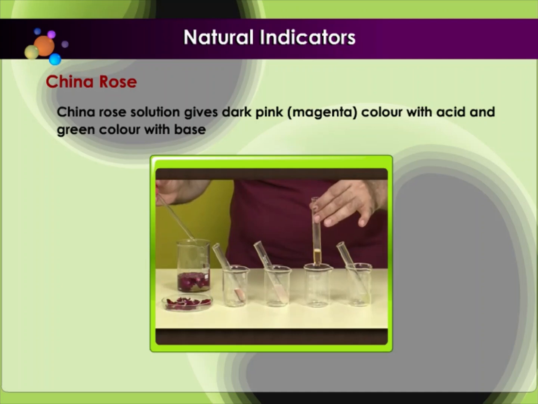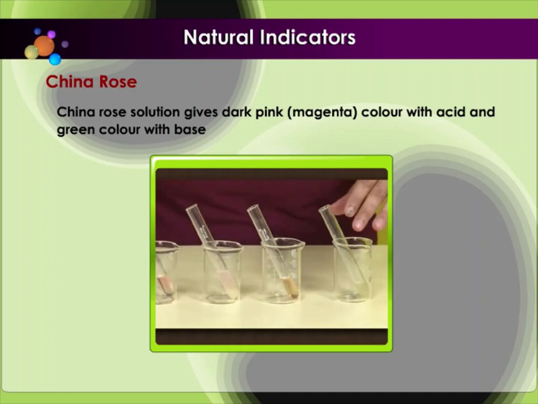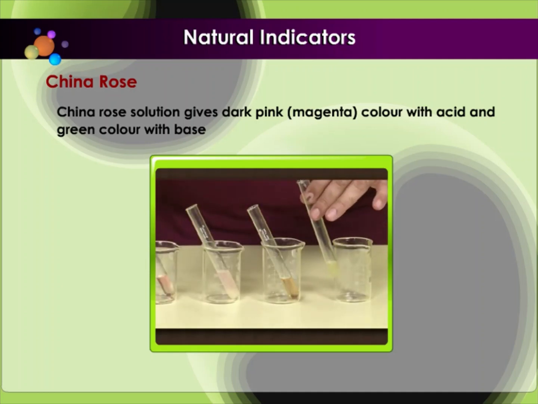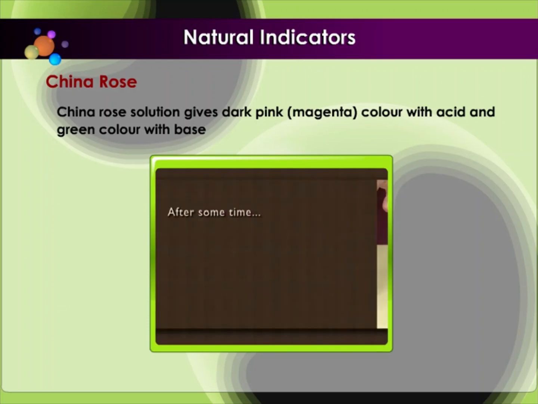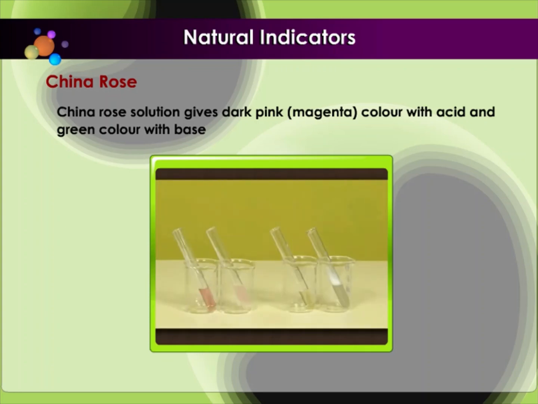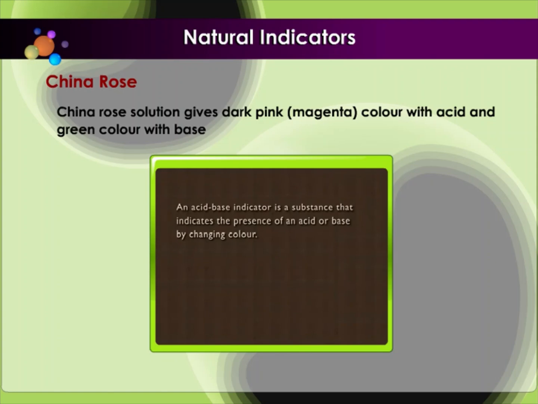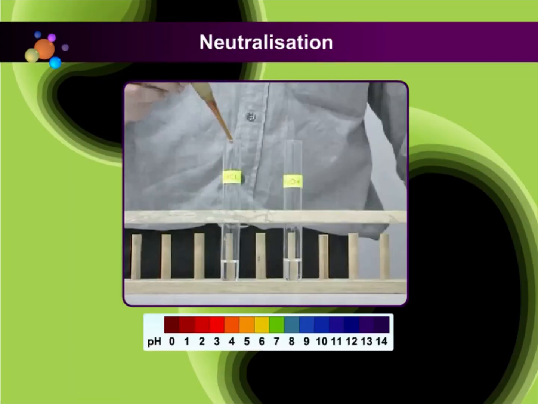Now add the indicator to sodium hydroxide solution. See the color change. Now add the Chyna Rose indicator drop by drop to soap solution. Wait for some time. You will see that Chyna Rose indicator turns acidic solutions into magenta red and reddish and basic solutions into yellow.